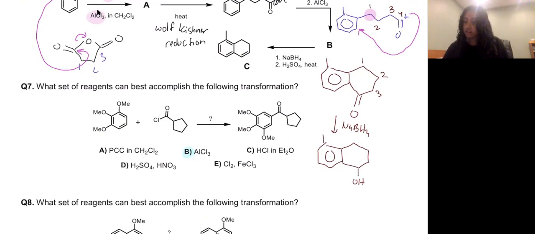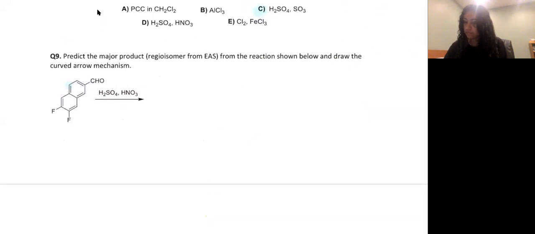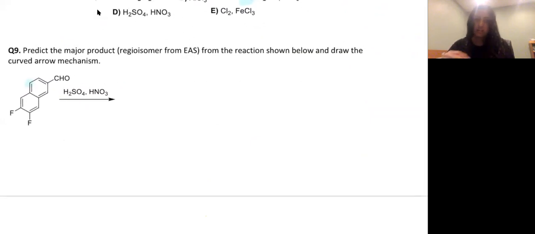Okay, question 9. So in question 9, Roche added the NO2 ortho from the aldehyde. Like here or here.